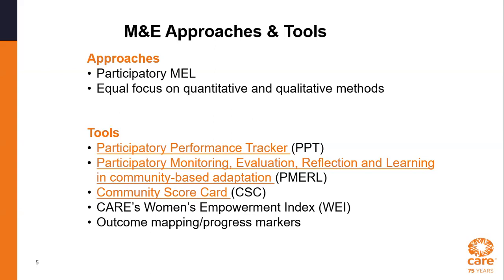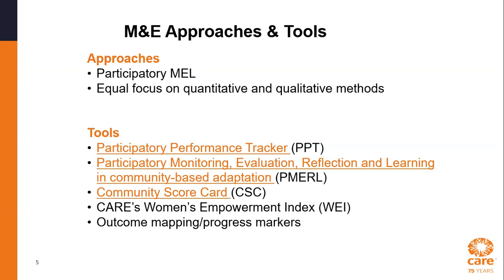FWS adopts participatory approaches for MEL, and this is for ensuring accountability. This also facilitates behavior change as we put project participants in charge of assessing themselves, identifying their own gaps, and finding solutions.